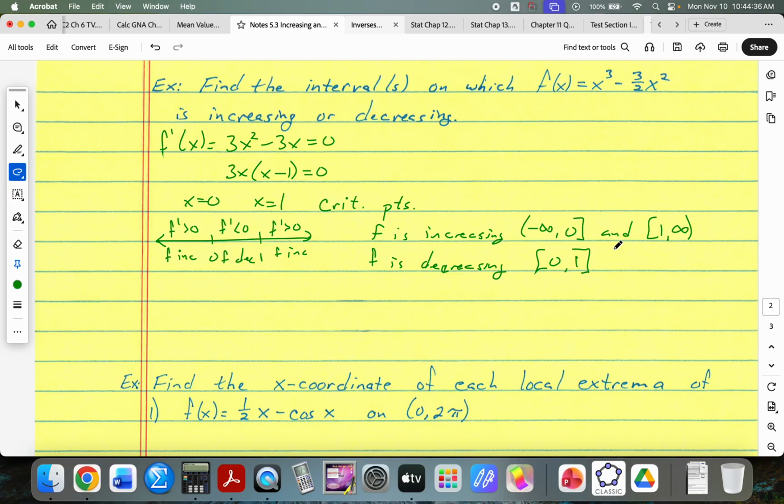Unless the function doesn't exist at the endpoints, increasing and decreasing intervals are always going to be closed intervals. Okay?